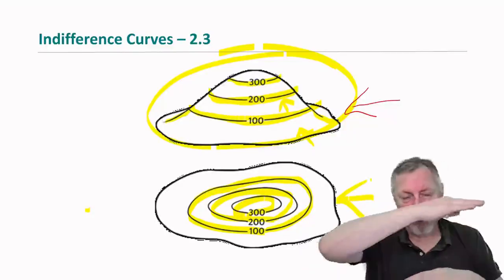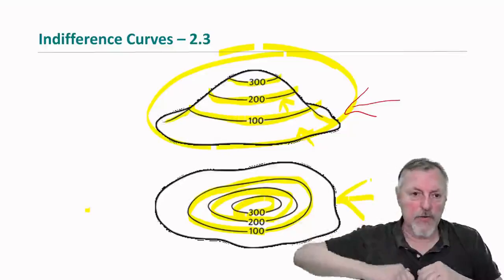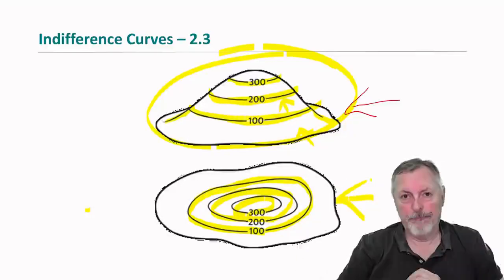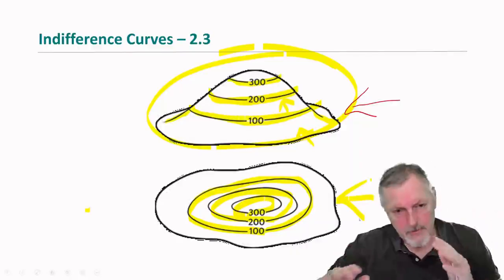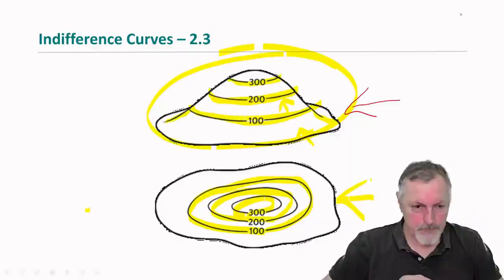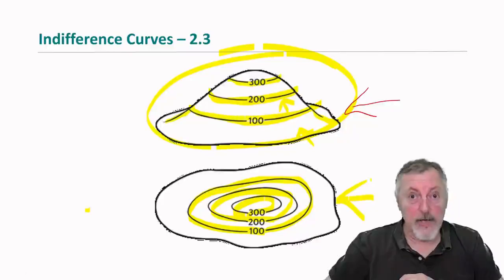The 200 is as if you cut through it at 200 feet, 300 feet. These are called level sets. That term is not in the book, but now, how does all this relate to indifference curves?